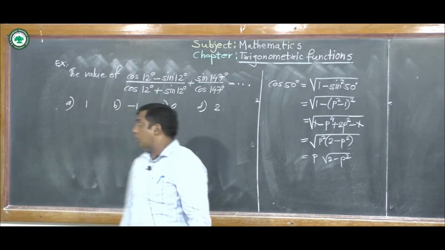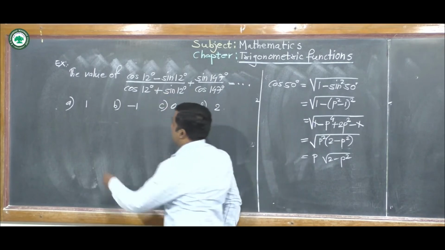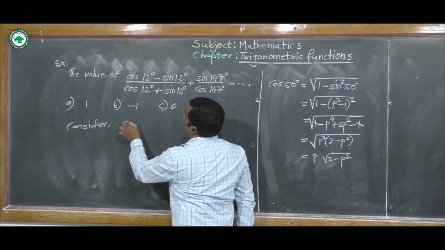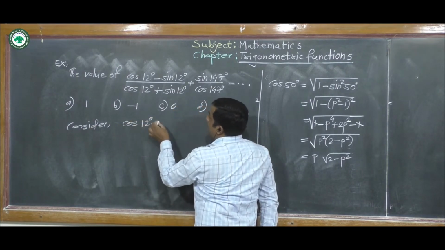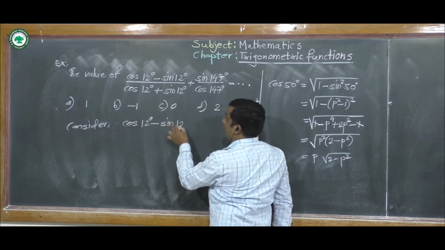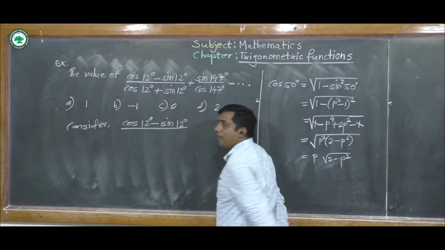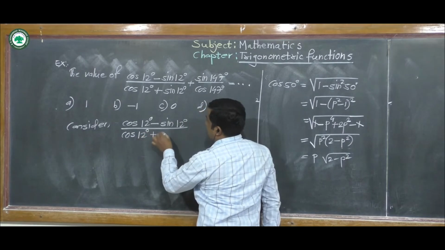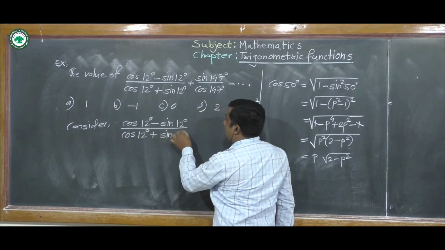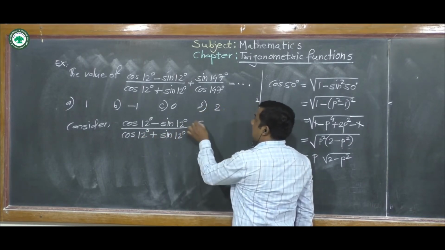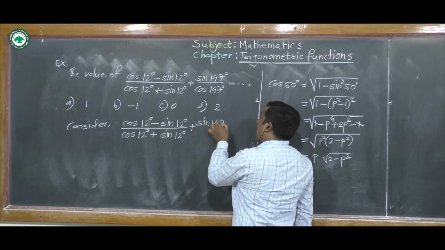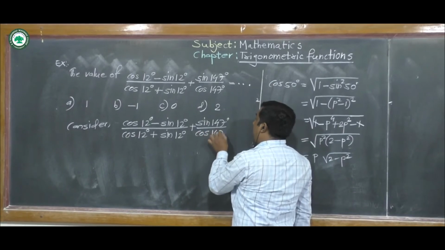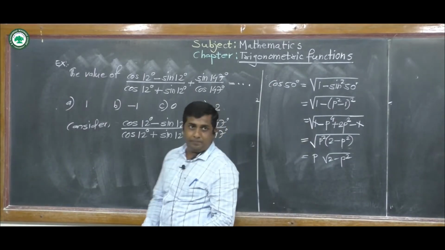Now to find the value, we consider the given expression again: cos of 12 degree minus sine of 12 degree, divided by cos of 12 degree plus sine of 12 degree, plus sine of 147 degree upon cos of 147 degree.